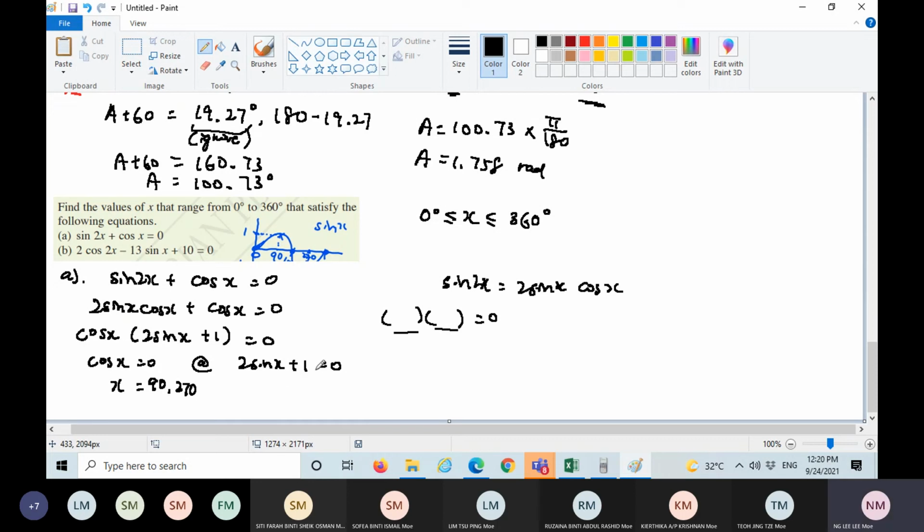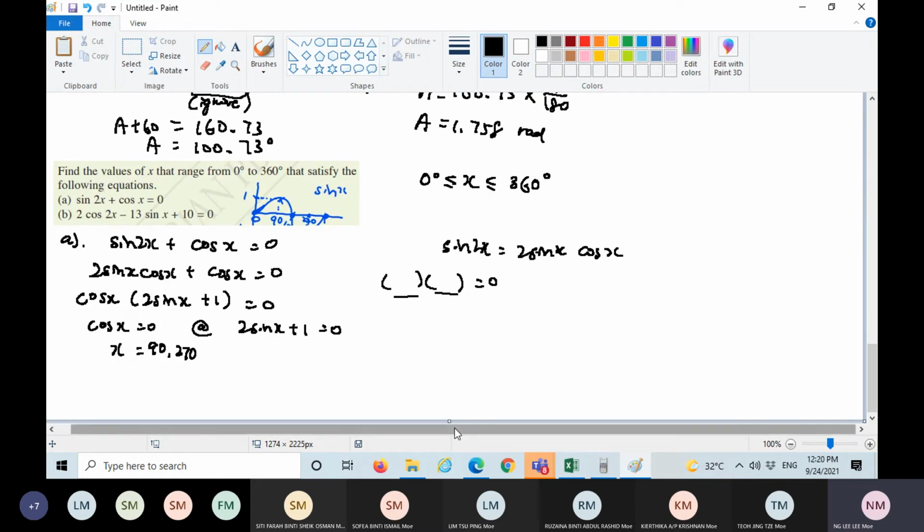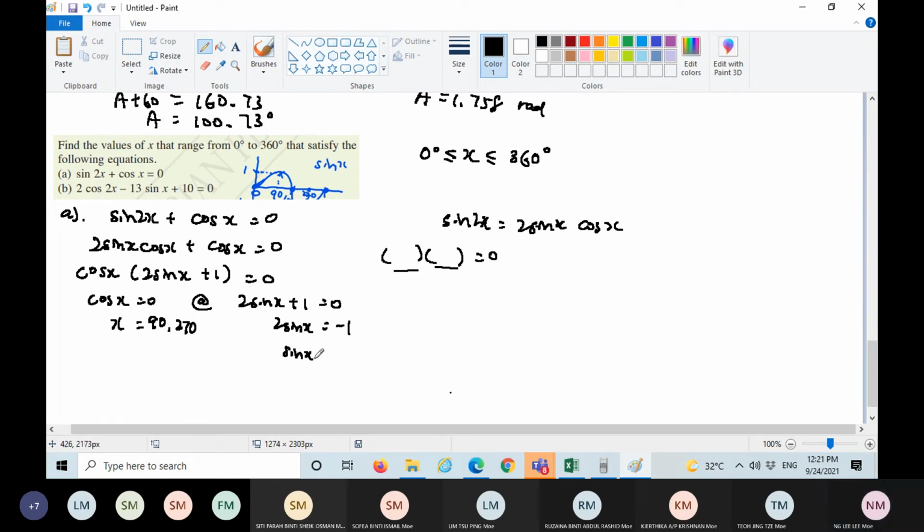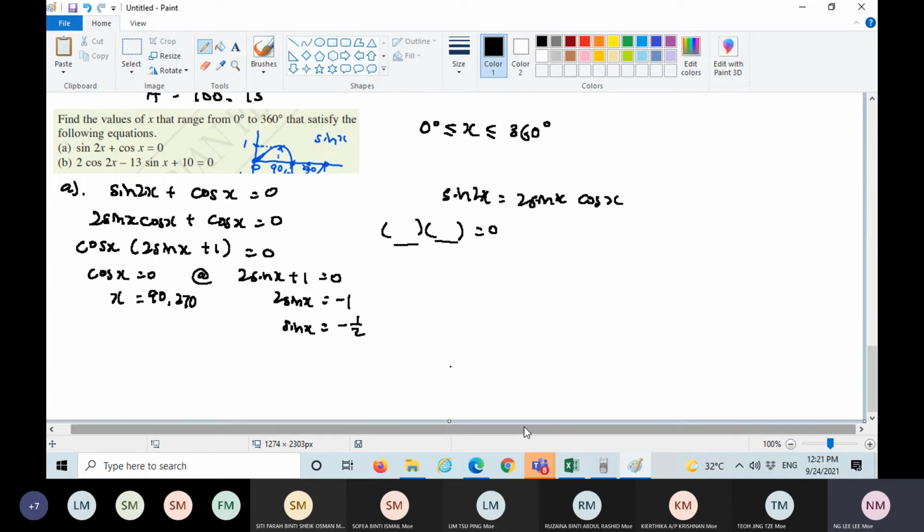Then for the second one, I continue to do like this now. All the numbers I try to move to the right hand side. So first of all, plus 1, bring this side, minus 1. Times 2, bring this side, divide 2. So now I have sine x equal to negative half.